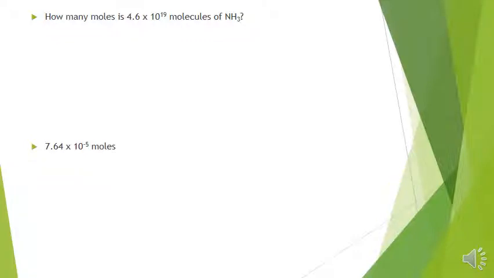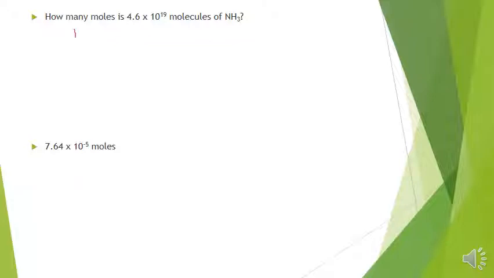Okay, how many moles is 4.6 times 10 to the 19th molecules? For this one, you can do it different ways, but the best way is to think about it as a ratio.